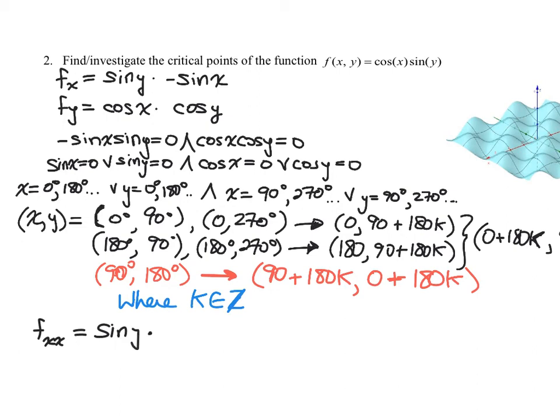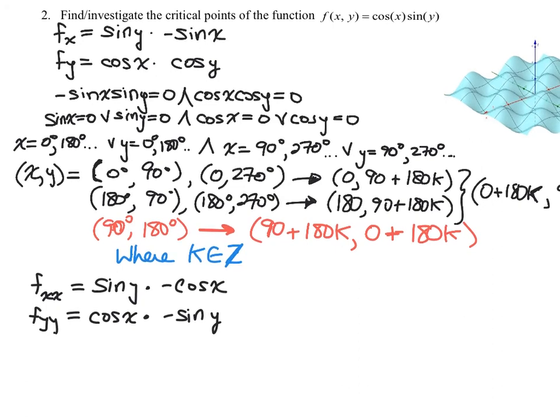Take the derivative of negative sine x, which is negative cosine of x. All right, f sub y, y. So we're looking at hanging on to the cosine of x, taking the derivative of cosine, which is negative sine of y. So as it turns out, the second order partials are going to be the same. It doesn't always happen, but sometimes it does.